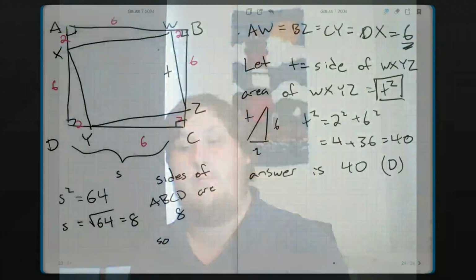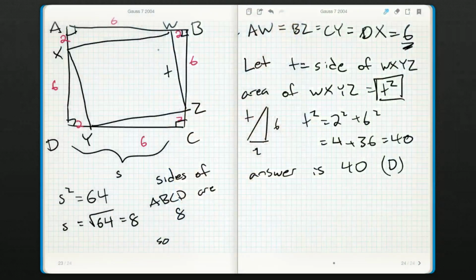I always like it when there are multiple ways to tackle a question. But if you don't know about Pythagoras' theorem, I highly suggest you look it up. Google it, ask your teacher. Very important, especially because it comes up everywhere on math contests.